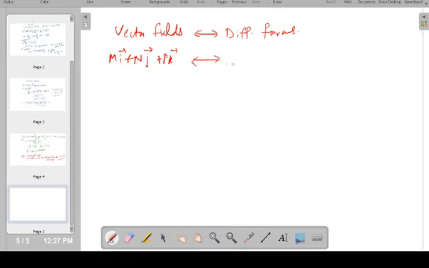Can you tell me? Here M, N and P are functions of x, y and z. So the corresponding differential form is, what is the natural thing? M dx plus N dy plus P dz. Conversely, if you have a differential form M dx plus N dy plus P dz, then the corresponding vector field is M i plus N j plus P k.